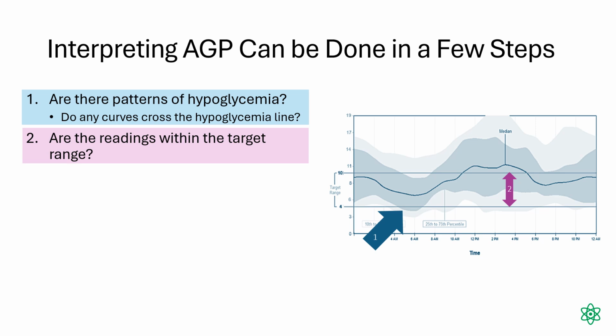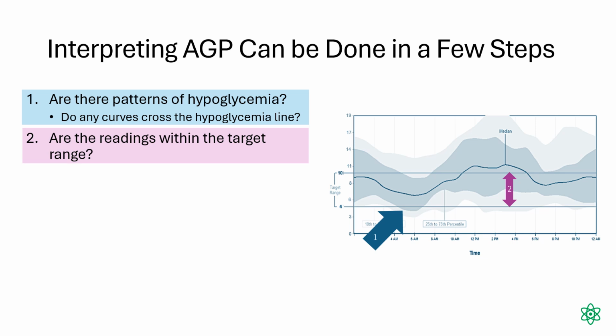So are the readings within target range? We're essentially looking at this dark blue shaded area in here, and these light blue ones are the outliers. So the majority of them are falling between, in this case, about 5 and 14 in this area here. But then we've got a couple of outliers. So one day you popped up to 20 and one day you popped down to 3.2. The lighter outer shading ones, we don't worry about as much.